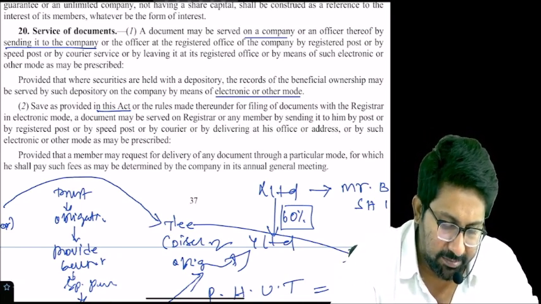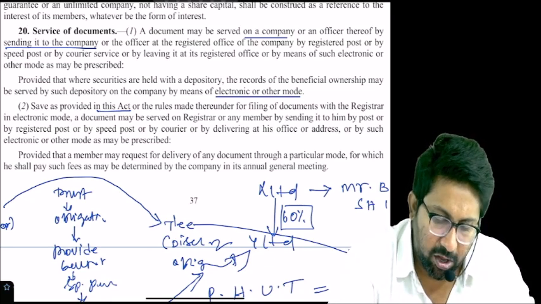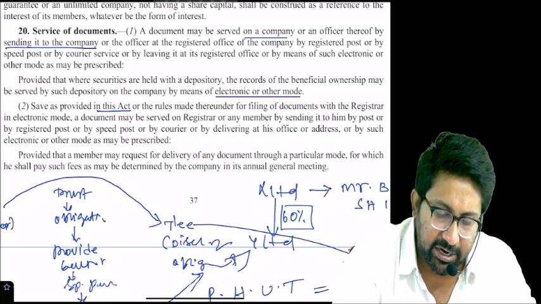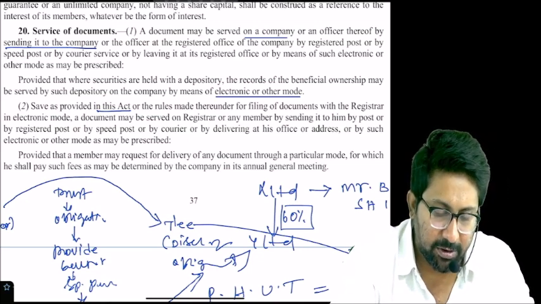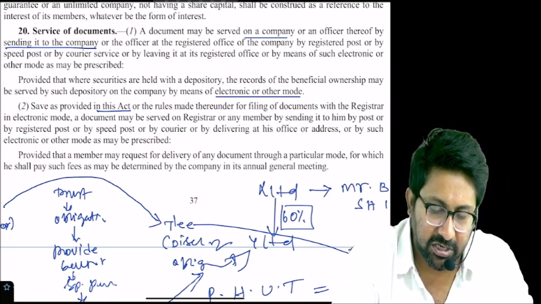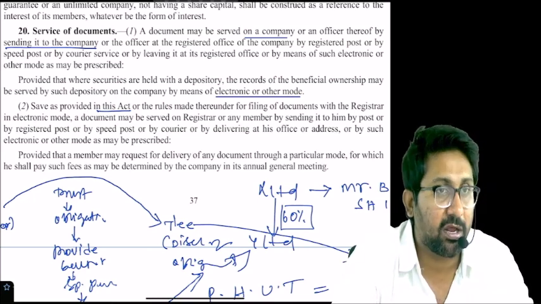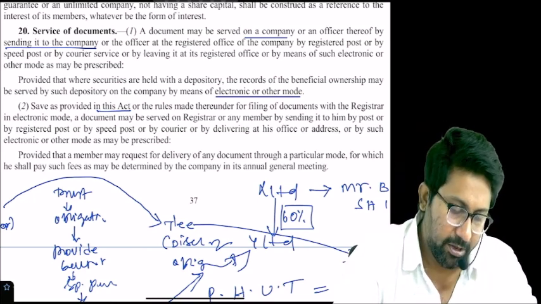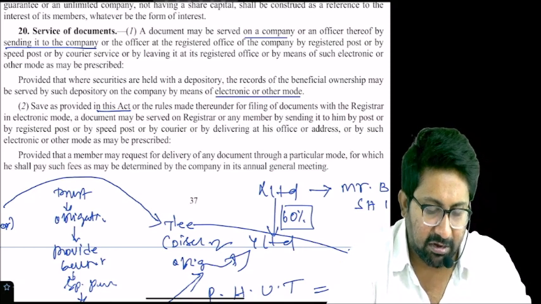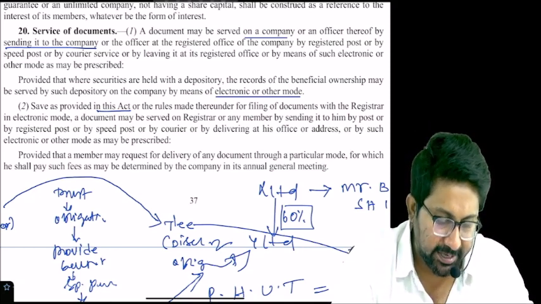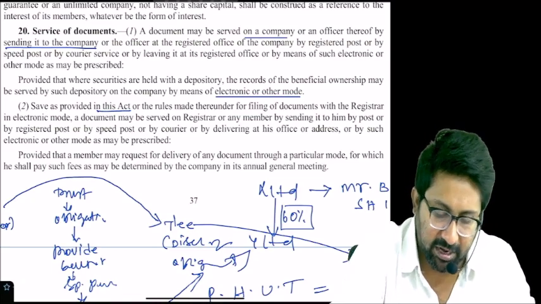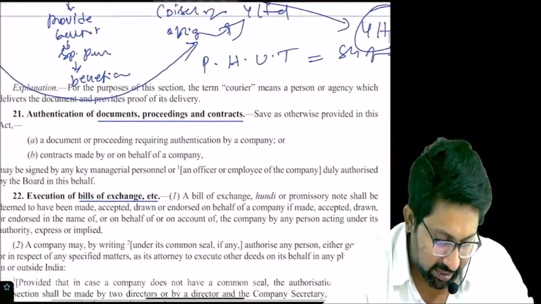A document may be served on the registrar or any member by sending it to him by post or by registered post or by speed post or by courier or by delivering at his office or address or by such electronic or other mode as may be prescribed, provided that a member may request for delivery of any document through a particular mode for which he shall pay such fees as may be determined by the company in its annual general meeting.